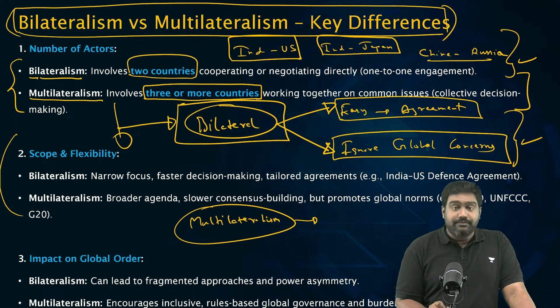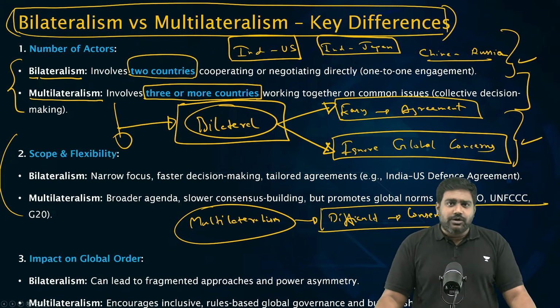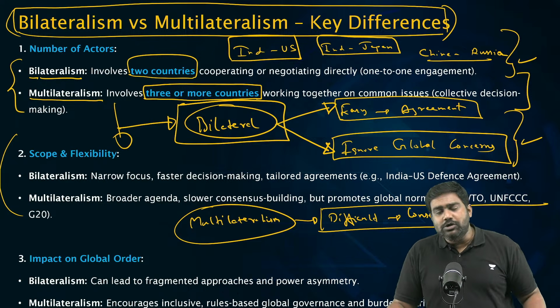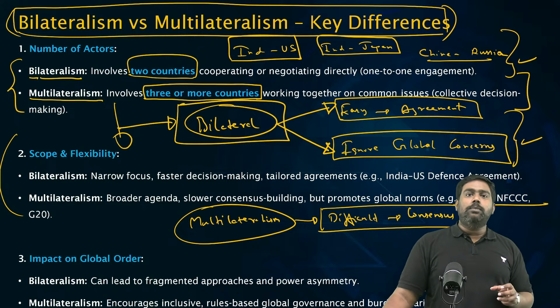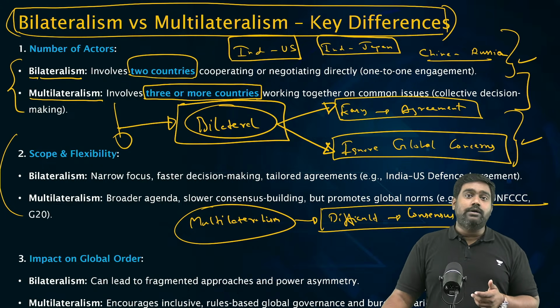In multilateralism, it is very difficult to reach consensus. You take climate change negotiations again, for example, WTO talks, for example. There is always a divide at these global platforms where more countries are involved.